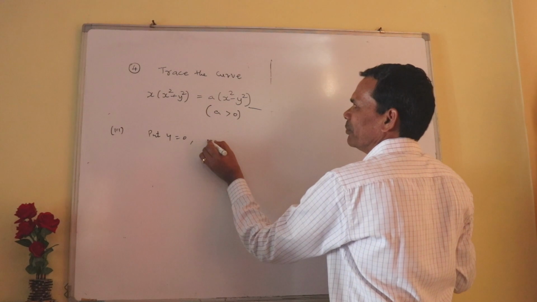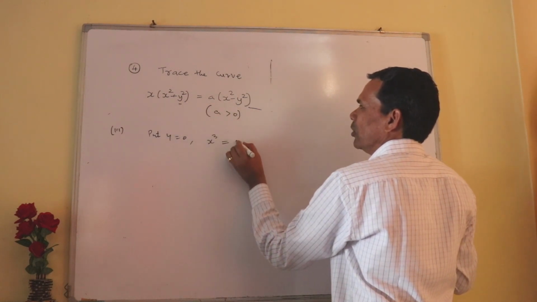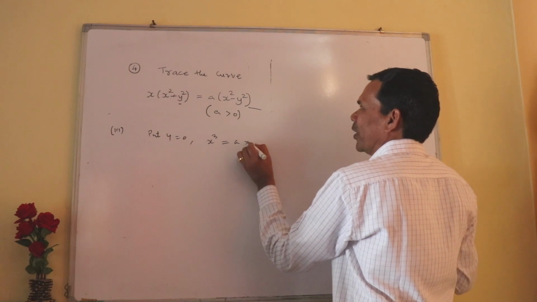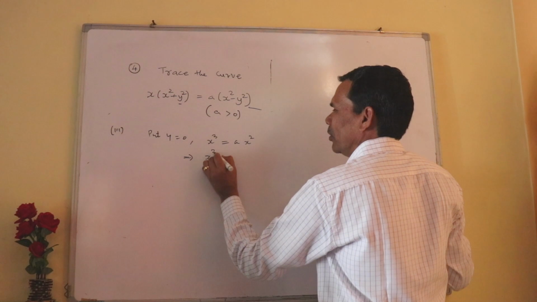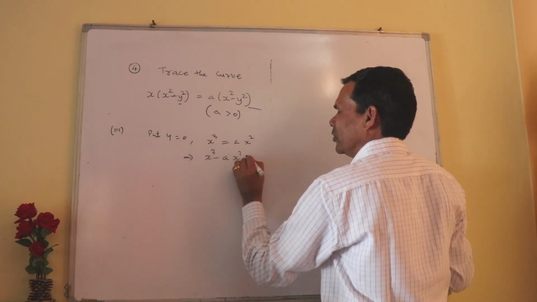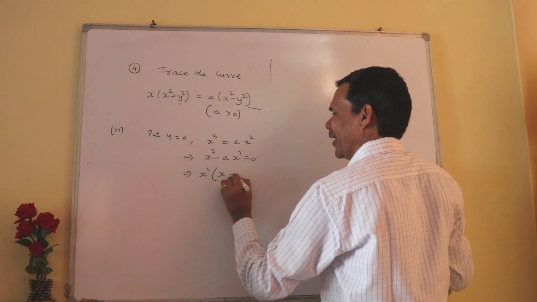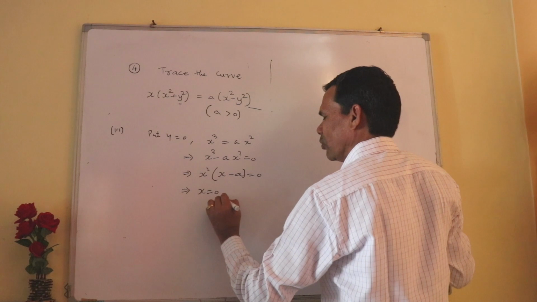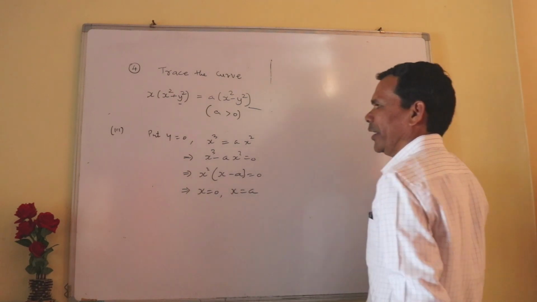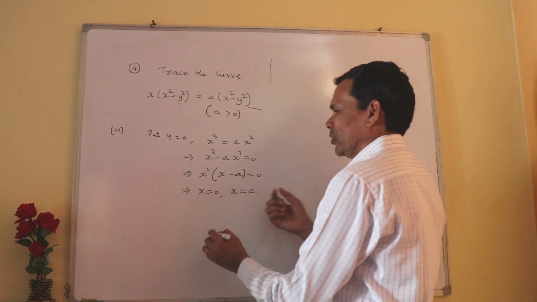So you are getting x cube, which is equal to, if you put y is equal to 0, a x square. So you are getting x cube minus a x square is equal to 0. This implies x square taken common, x minus a is equal to 0. So this implies x is equal to 0, x is equal to a. So if you put y is equal to 0, you are getting x is equal to 0.